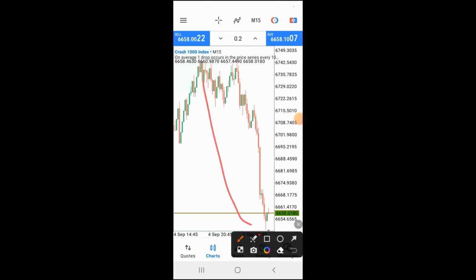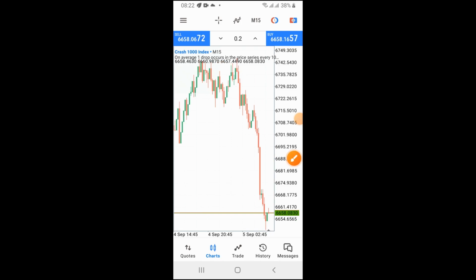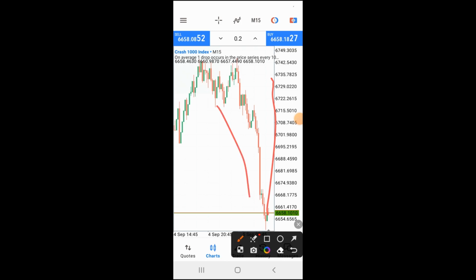I keep on saying that by default Crash buys and by default Boom sells. So normally by default it's supposed to be buying, it's supposed to be going up, not coming down. But it's coming down right now. What is happening?